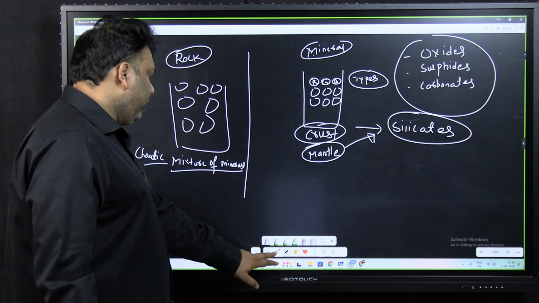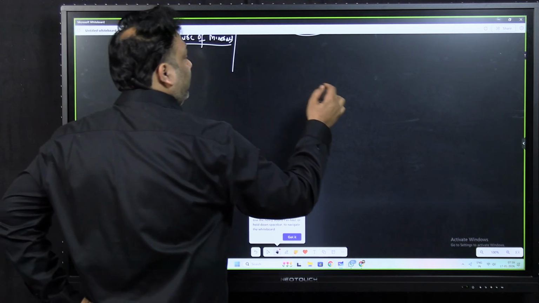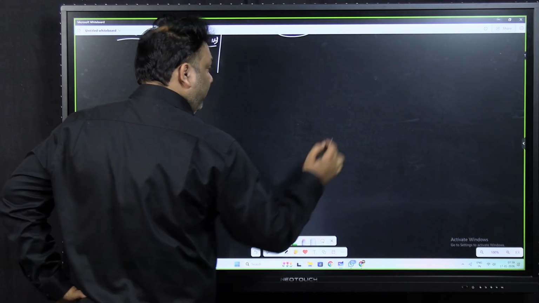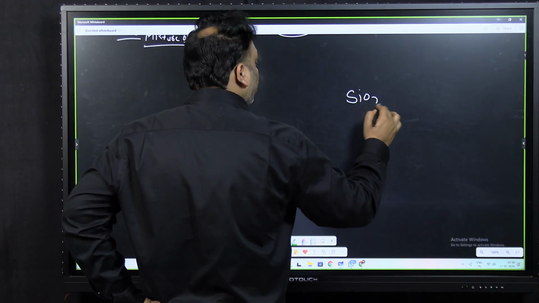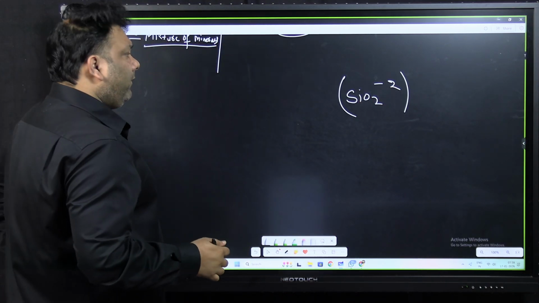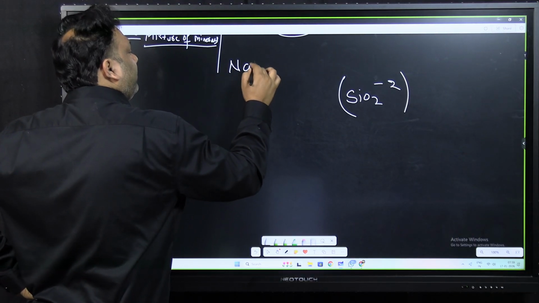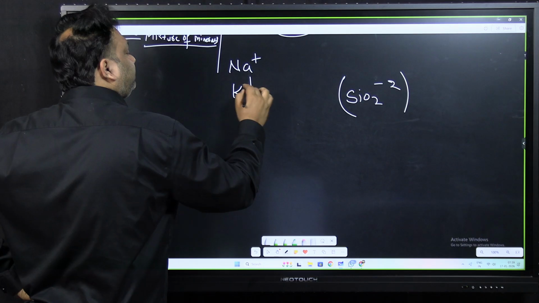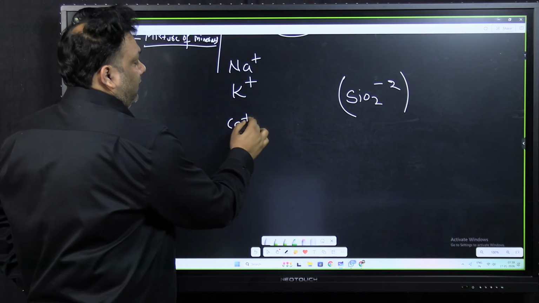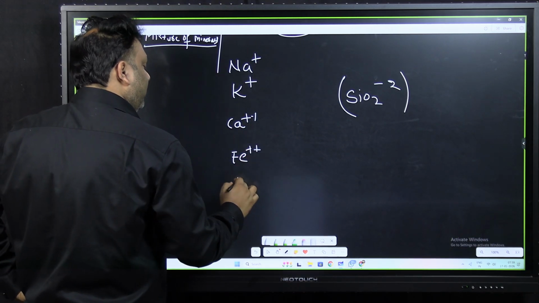Now let's see what these various types of silicates are. Silicate types. Silicates mean what is common? The common thing in silicate is SiO2 minus 2. This SiO2 minus 2 can be paired up with sodium, potassium. It can be paired up with calcium. It can be paired up with iron, magnesium.